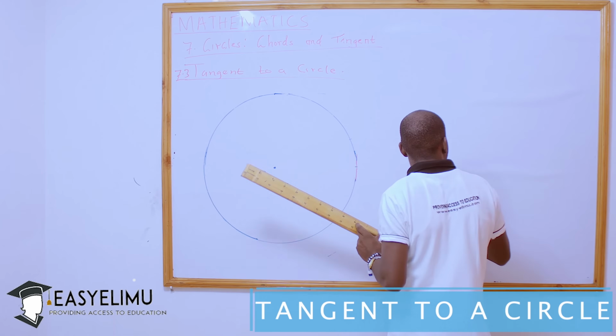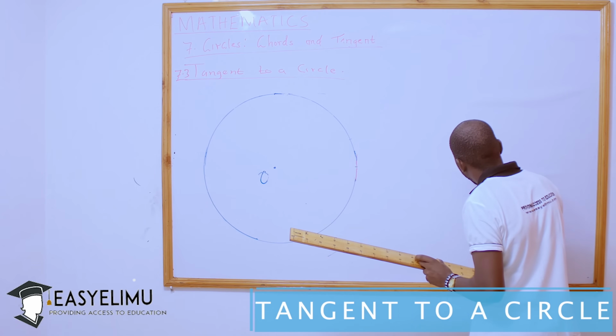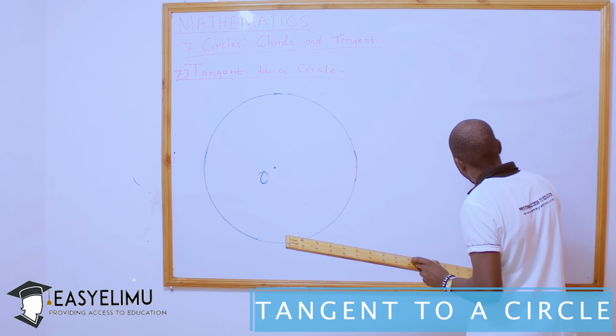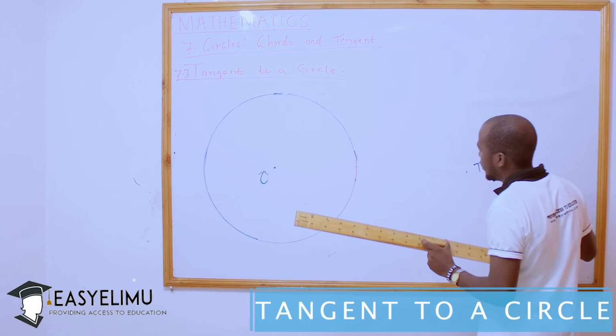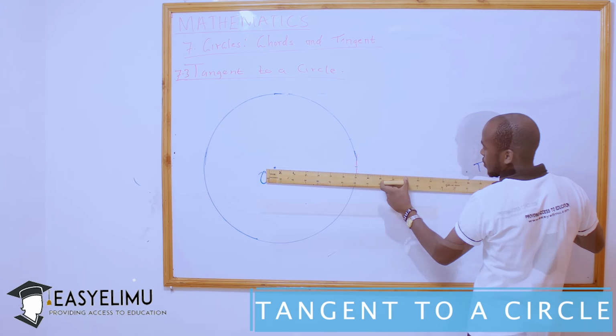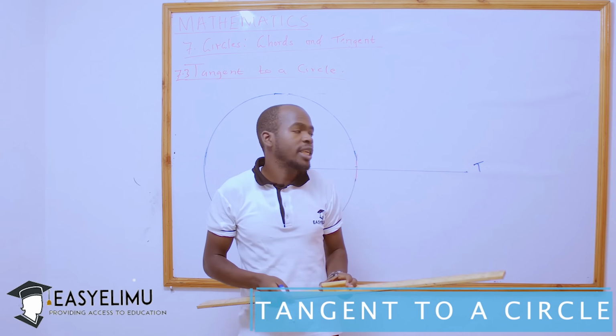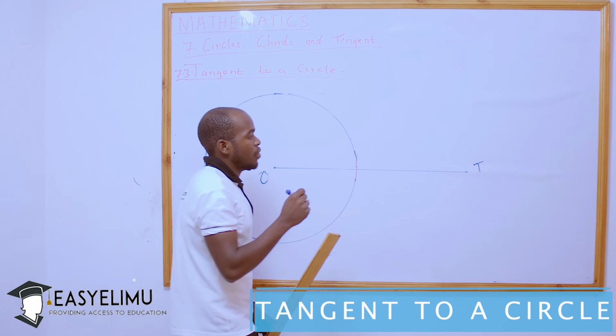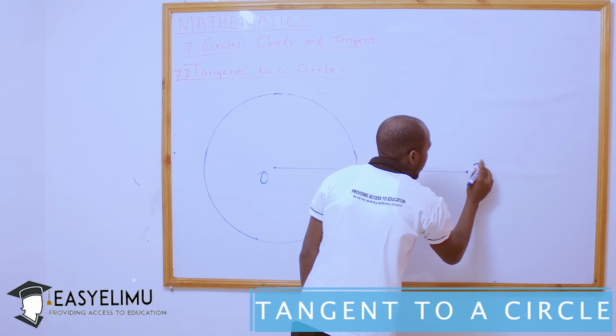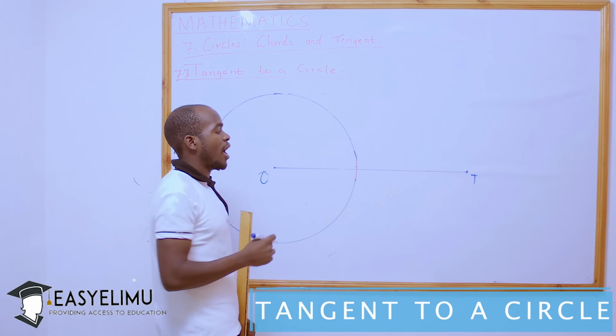For example, let's say our T is at a point here. That is my T. So you join T to the center of the circle, and after joining to the center, you will have that.